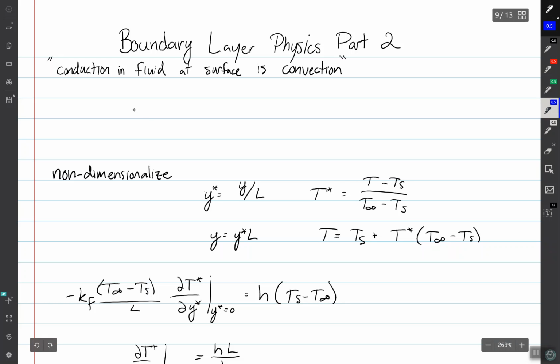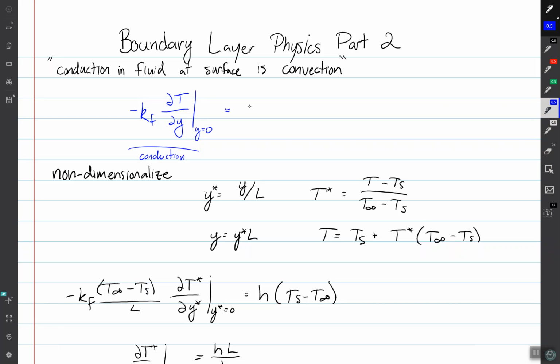We can model that by the thermal conductivity of the fluid, the temperature gradient at the surface. So this is conduction in the fluid.